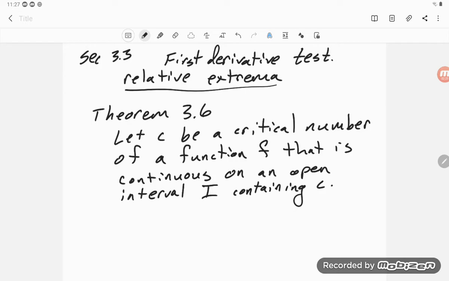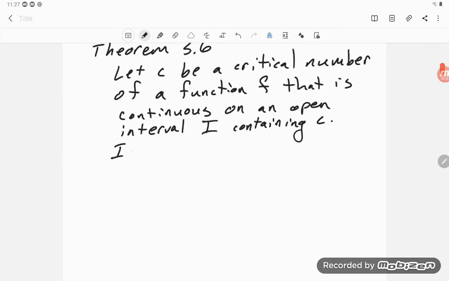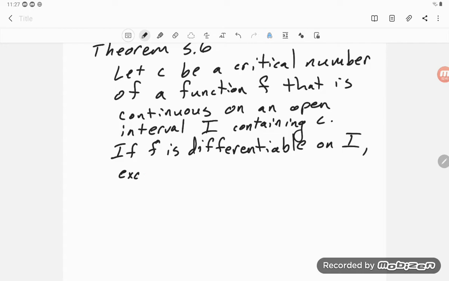Then they say if f is differentiable, we can take its derivative if it's differentiable on I, on that interval, except maybe at C. Again, because a critical number could be where the derivative is undefined.